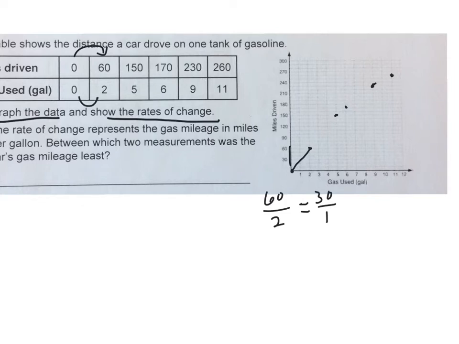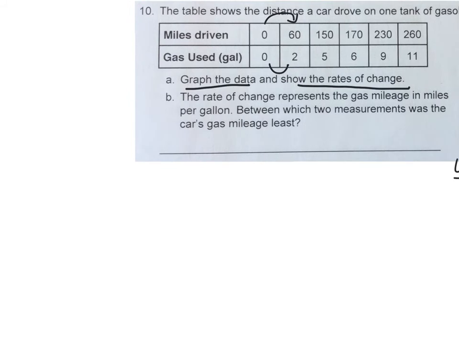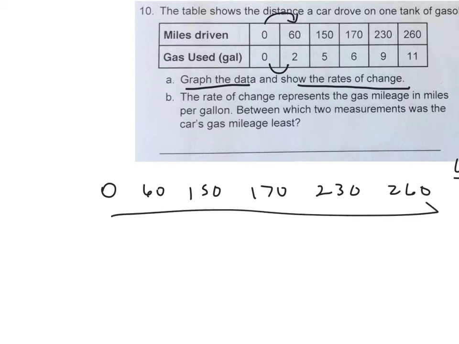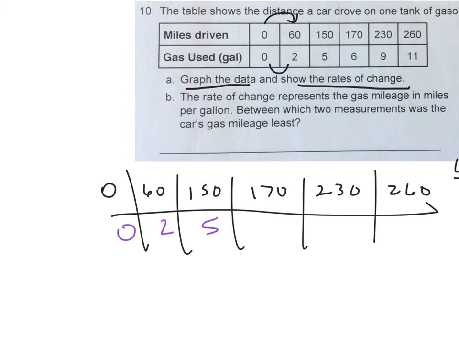So what I'm going to do is take this chart and redo it. So 0, 60, 150, 170, 230, and 260. And then I have 0, 2, 5, 6, 9, and 11.